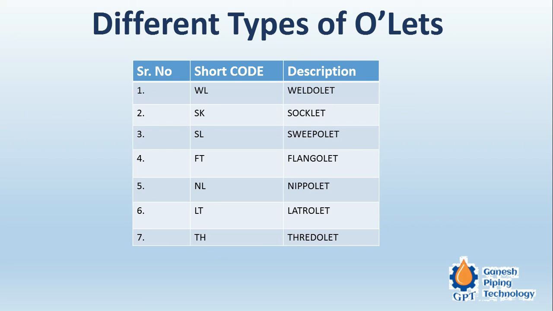So they are classified based on the application. For a given application you have to select a particular type of OLED, and this classification and uniqueness of each type, why it is made, what is the speciality of each of these types, that we will see in the coming videos.